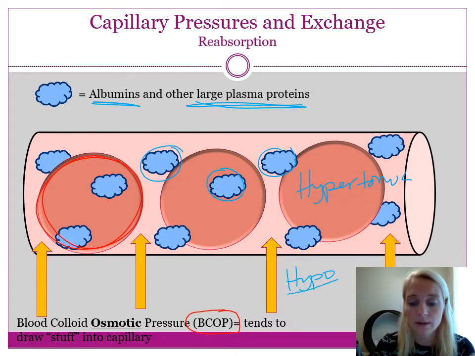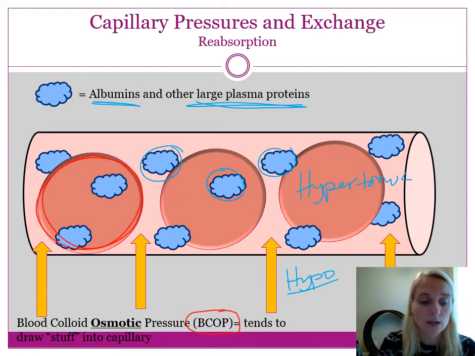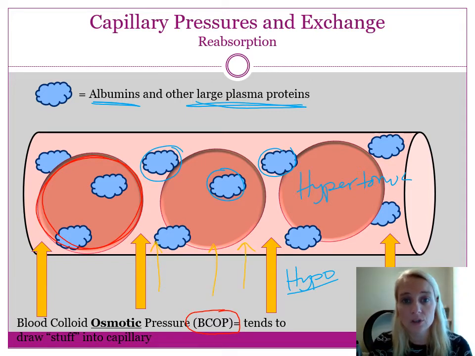So when we have this higher, so this is going to be hypertonic, if you will, to a hypotonic external environment. So just like we learned way back when we were learning about isotonic and hypo, water moves towards hypertonic situations. So that's these orange arrows are saying, okay, so if we have all of these things inside the capillary, there is a tendency for water and other dissolved substances to be drawn back into the capillary based on this osmotic pressure.